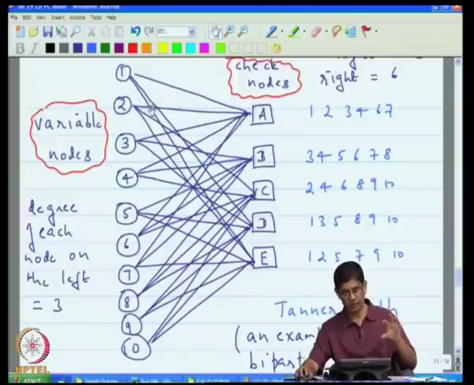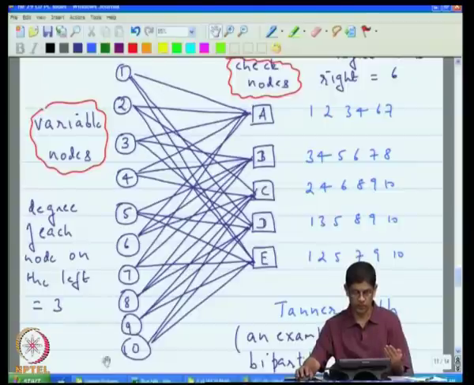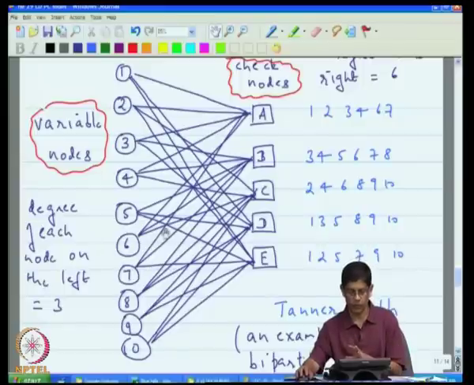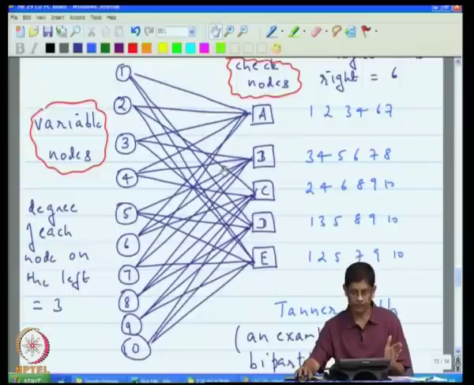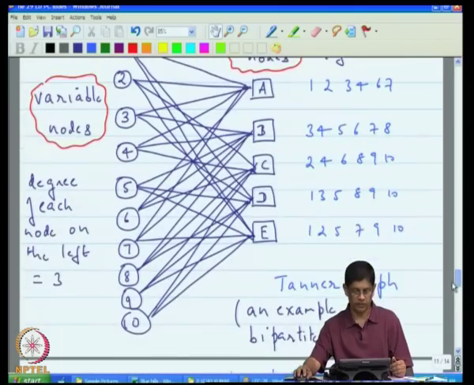But if you fix the number of iterations, and since the degree of a node is fixed, the total number of operations is linear in the number of nodes on the left, which is linear in the length of the code. So that means that if you can decode this code simply by a sequence of message passes from left to right and vice versa, then you have been able to decode the code in linear complexity. Okay? And that is the beauty of LDPC codes.